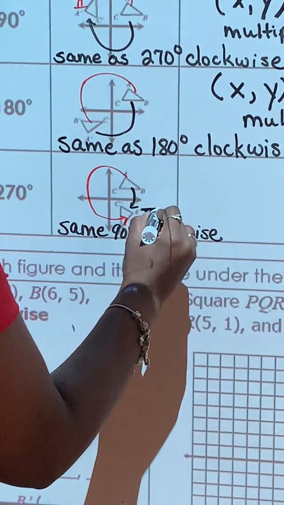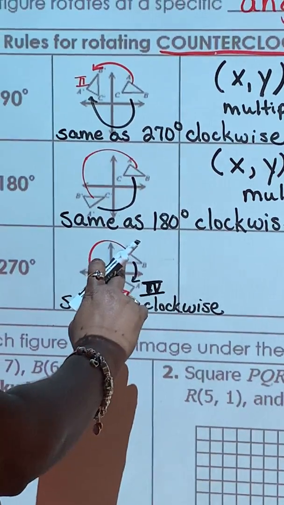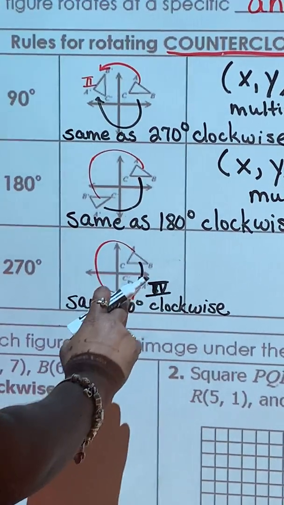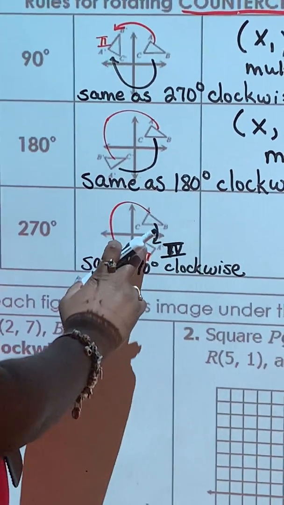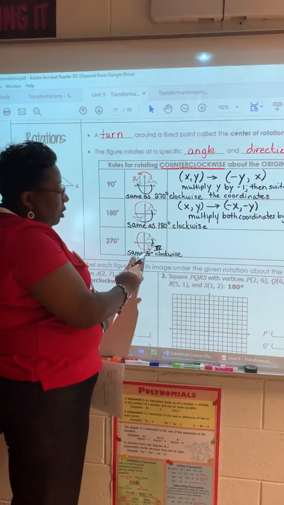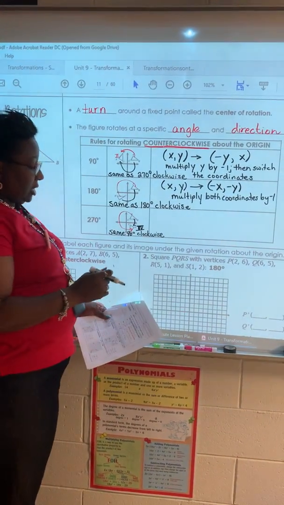In order for that image to be in quadrant 4, if we were to go clockwise, just like the second hand on the clock, we still want it to be in quadrant 4, so it's only 90 degrees. So how would this change our coordinates?